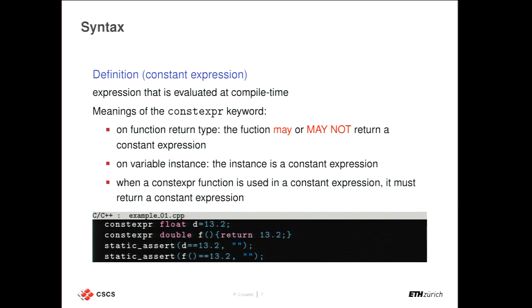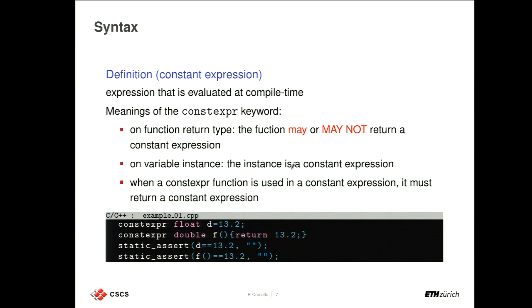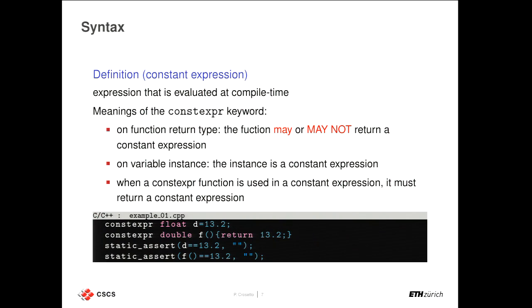To initialize a constant expression, it must return a constant expression. Otherwise, it might not. On a variable instance, it means that the instance is a constant expression. And when a Constexpr function is used in a constant expression, it must return a constant expression. So this is the rule.